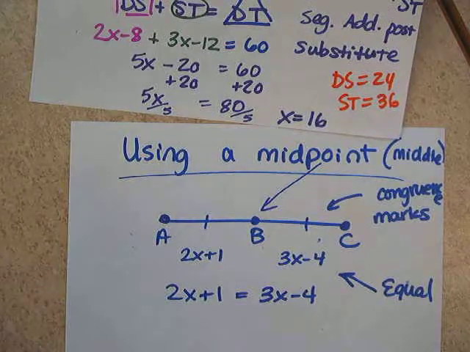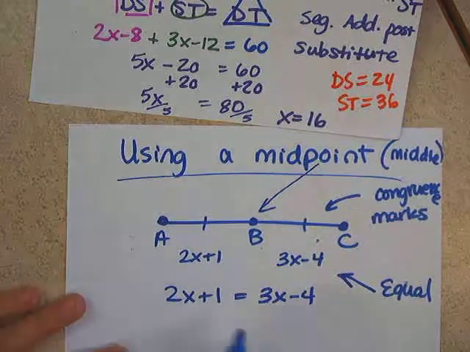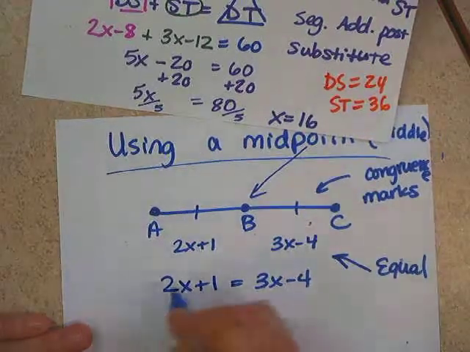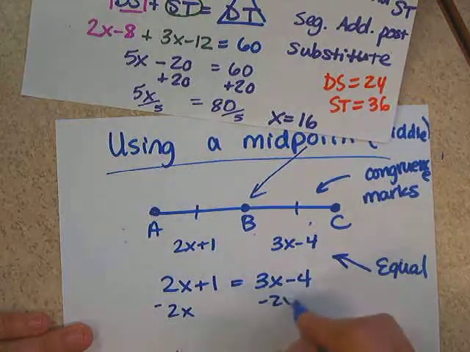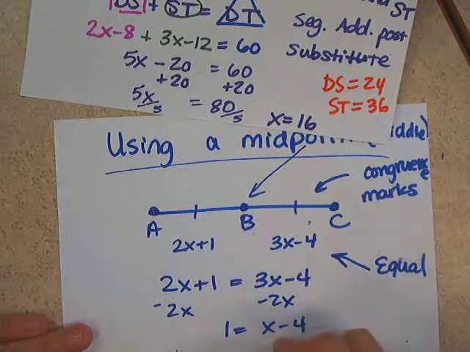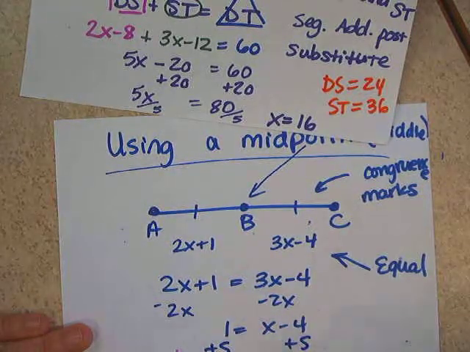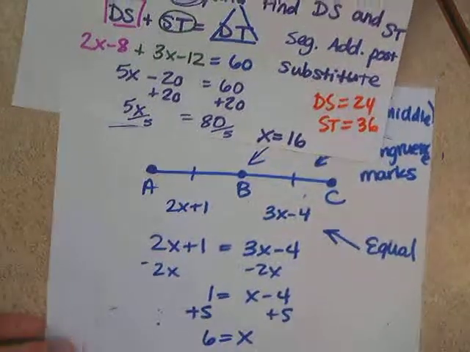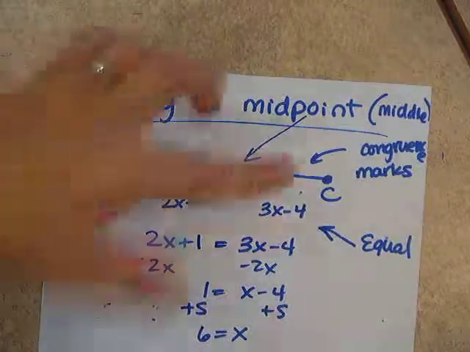So if they're equal, then we do 2x plus 1 equals 3x minus 4. You only do that when you know you have a midpoint or the marks. Otherwise, you need to look for the full length and add them up. But the rest is solving. So I would subtract 2x. So 1 equals x minus 4.